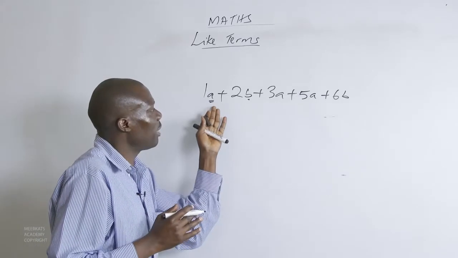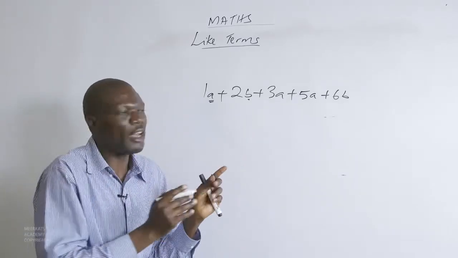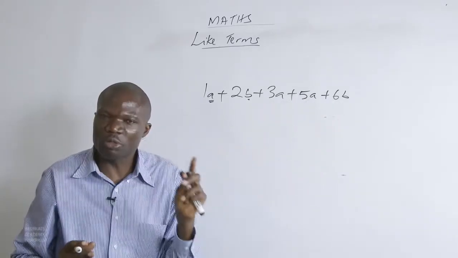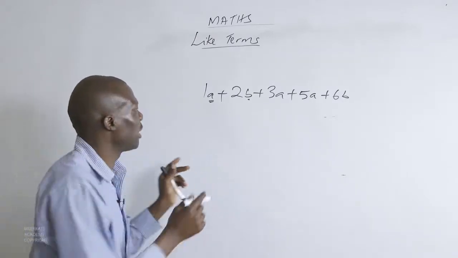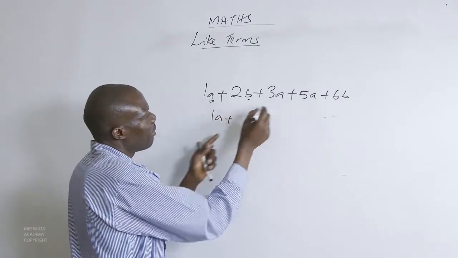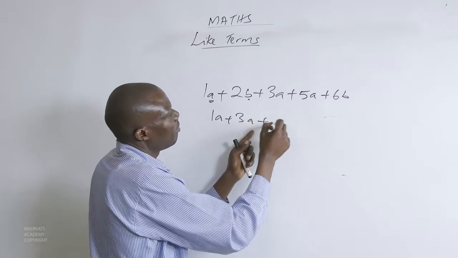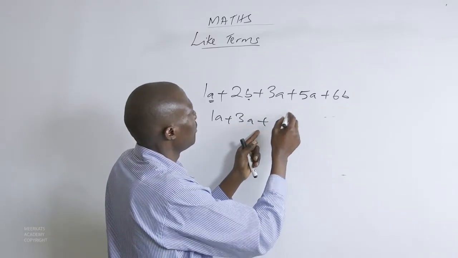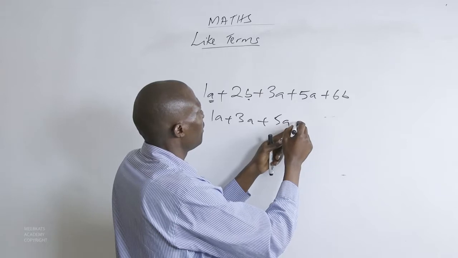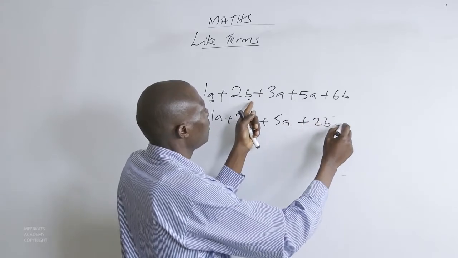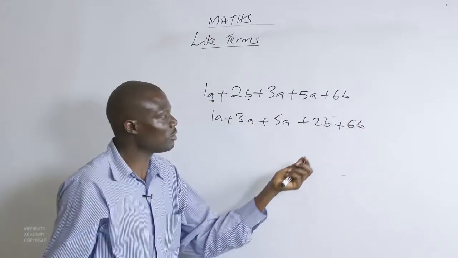So in this case, we have A and we have B. So A and other terms which have got an A are brought together. So I'll expect you to have 1A plus 3A plus 5A, then plus 2B plus 6B.